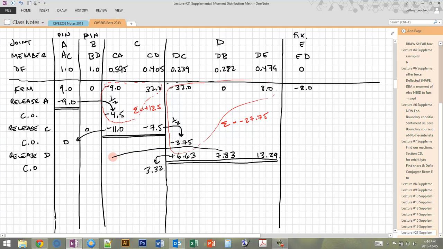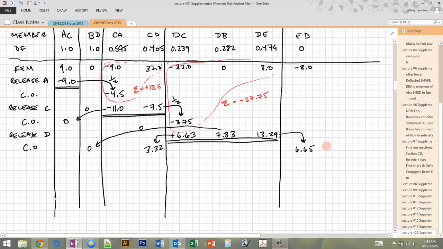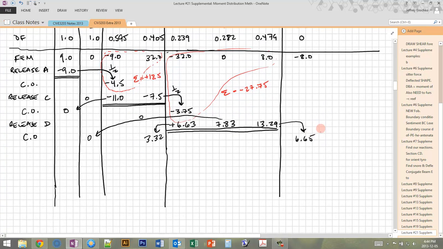Okay, so I can put a long arrow here, but this is going to be 0 because I'm carrying to a pin. So that's why I thought it was a good idea to put a little pin thing above here, just so that I don't accidentally try to carry any carryover into it. So this is going to be 0, and DE carries into ED, and that's going to be half, so that's 6.65.